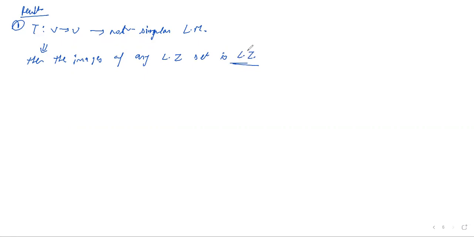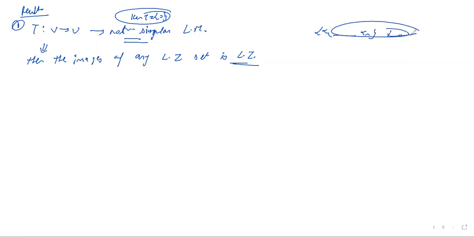It is similarly saying that if my kernel equals 0, non-singular means my kernel equals 0, and we have studied this previously: the images of a linearly independent set of vectors, let's say alpha 1, alpha 2 to alpha n in V, are linearly independent.